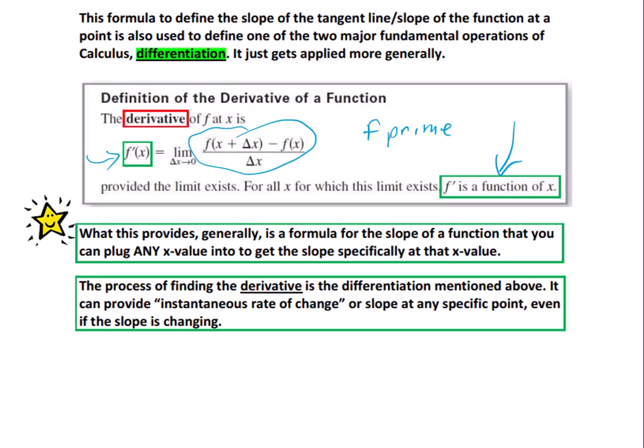Also, by doing that, I can find the instantaneous rate of change. Well, the slope of a line is measuring the rate of change if you get right down to it. But now we can find that instantaneous rate of change anywhere along the curve. You'll see as we go along what I'm talking about there.